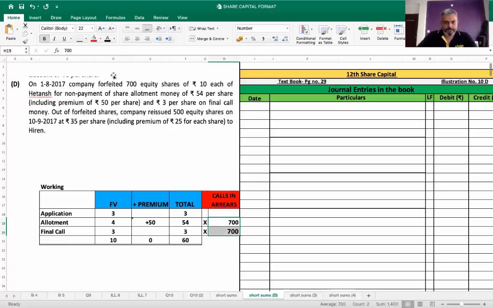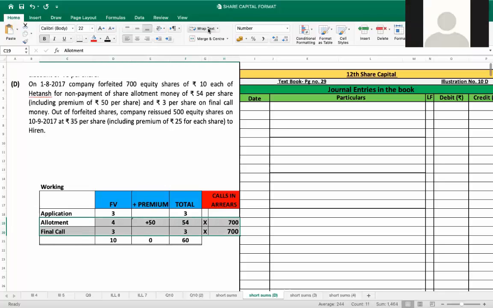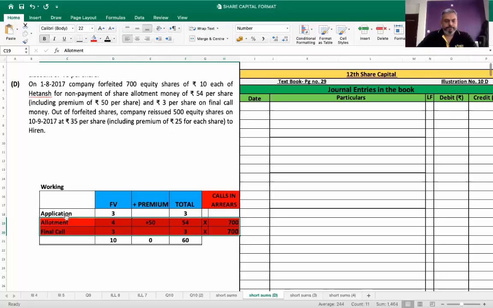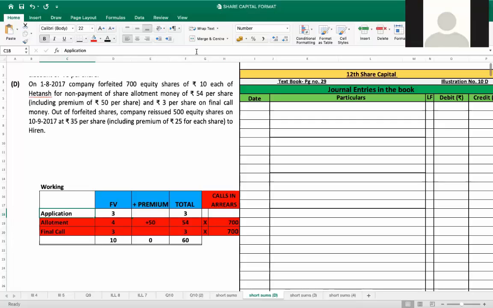Okay, or you can combine them. Now, let me mark them red. Yeah, bolo, do you want to say anything? No, sir. Application is 3 per share.